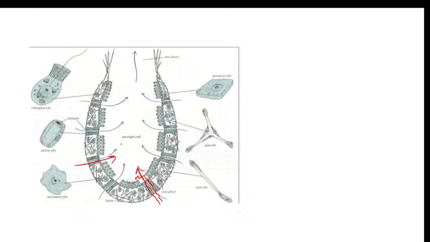The internal cavity is called the spongocele. The water comes this way, reaches the spongocele, and goes out through the main opening called the osculum. This is the overall organization of a sponge.